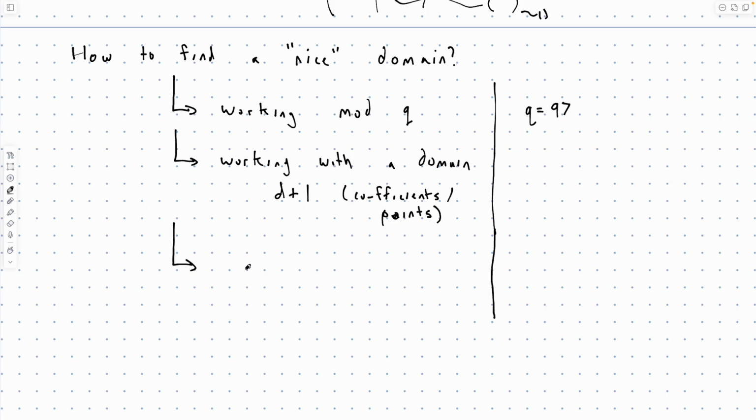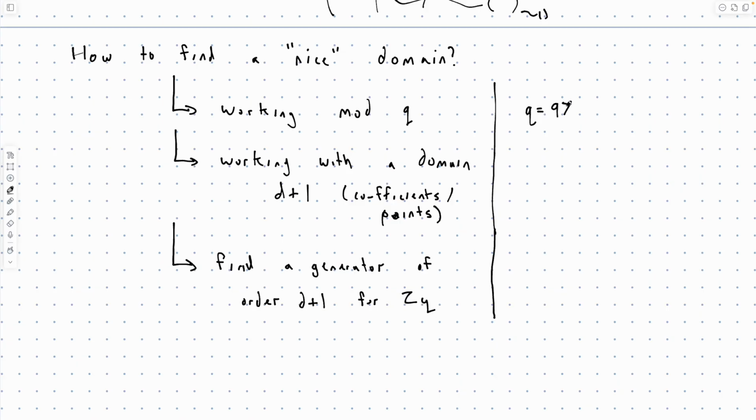Okay, what I'm going to do is I'm going to find a generator of order d plus 1 for mod Q. Or you can think of it as Z_Q, the group itself.